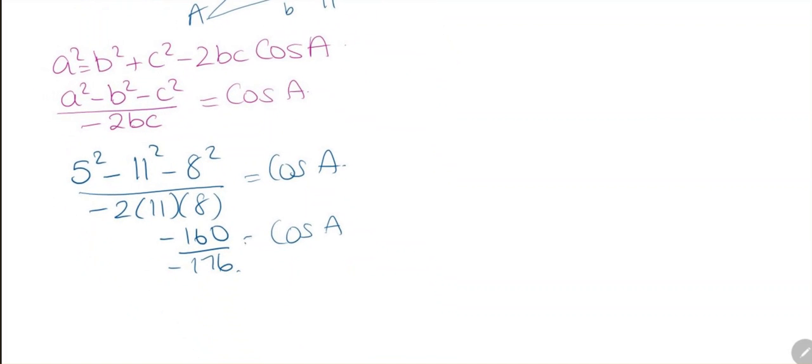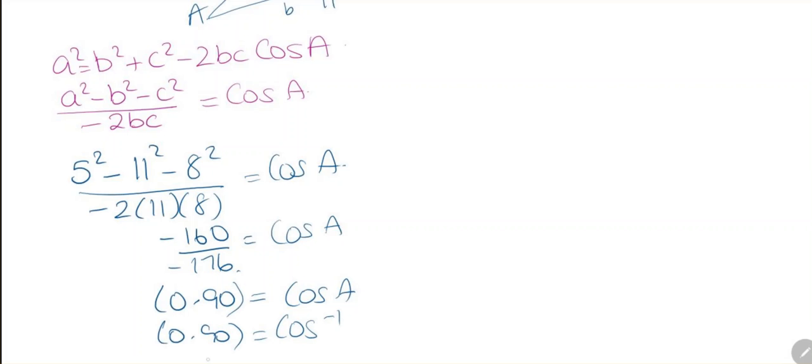So cos of A is minus 160 divided by minus 176, which is 10 over 11, which is 0.9090. And we need to use the inverse of this to find A.